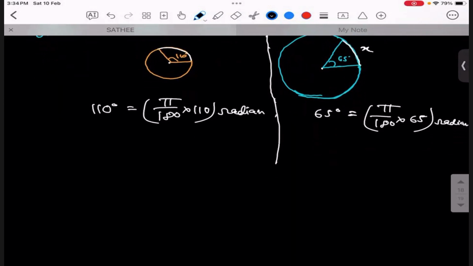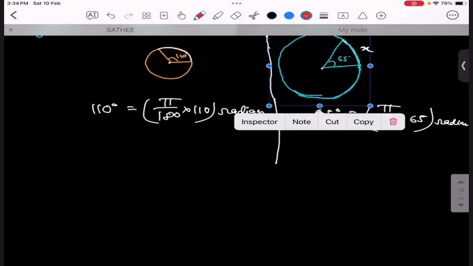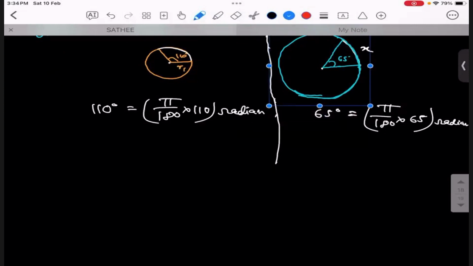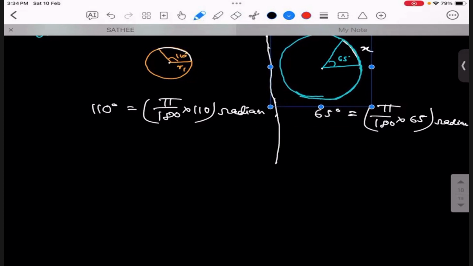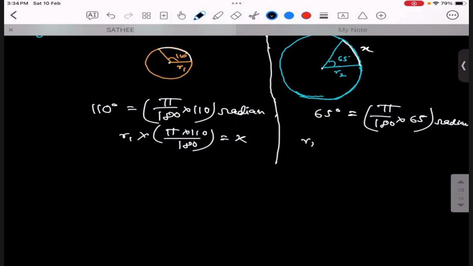Now we have the same arc length. According to the question, suppose the red one has radius r1 and the blue one has radius r2. Then we can write r1 into pi into 110 by 180 equals x, and similarly r2 into pi into 65 divided by 180 equals x.